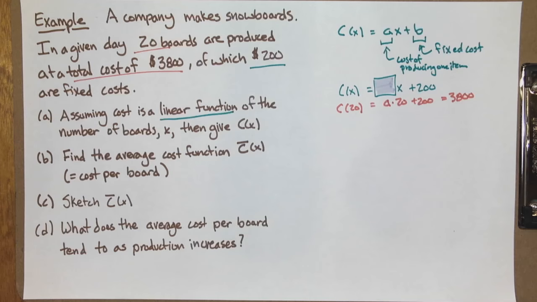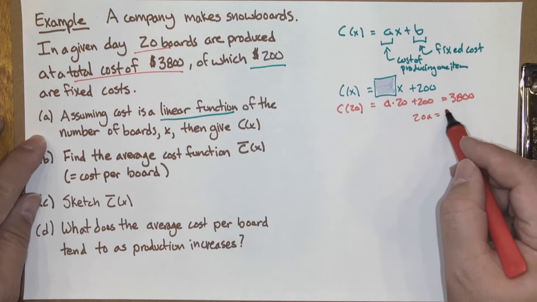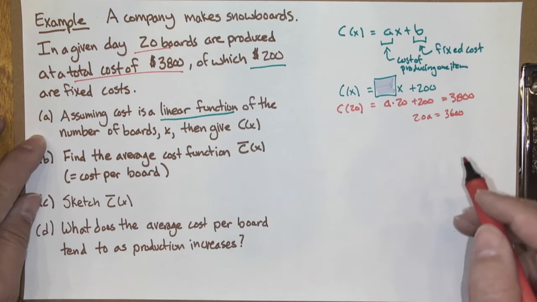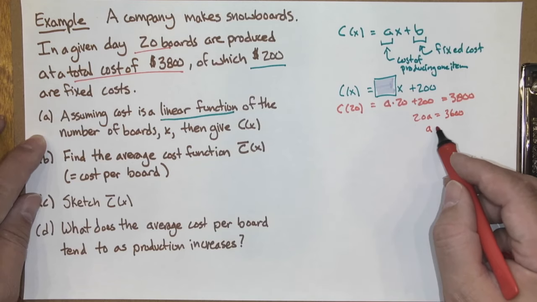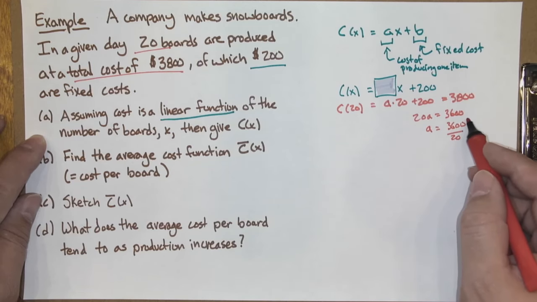Well, now we can start doing math and solving for what that coefficient we're after is. What's the A? What would we do? Okay, subtract 200, that would give us 20A equals 3,600. Divide. So A is 3,600 over 20.